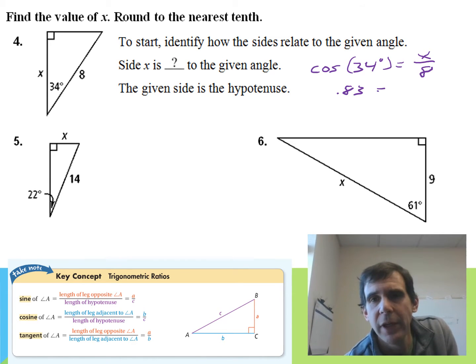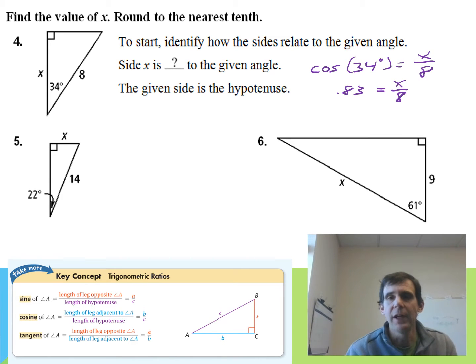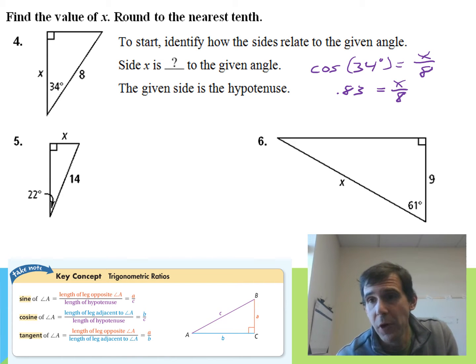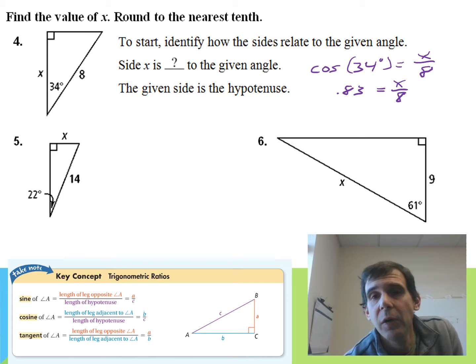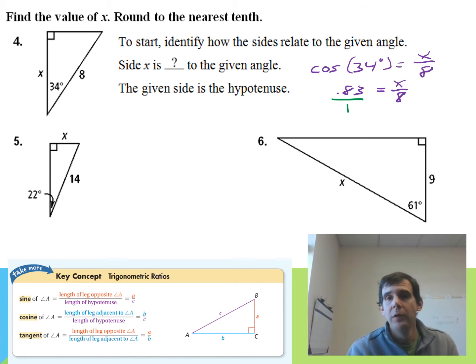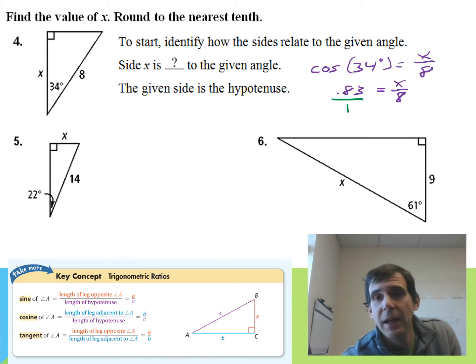So now 0.83 equals x over 8. All right, so now we just got to go ahead and solve. We have ourselves a proportion. Remember, those side lengths are proportional. So we can cross multiply. X times 1 equals x.